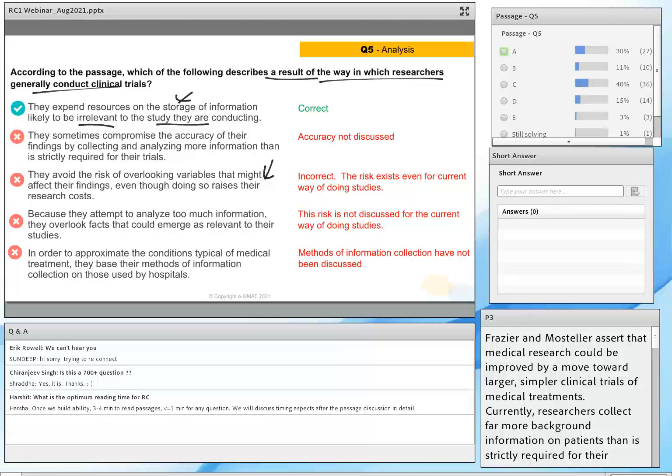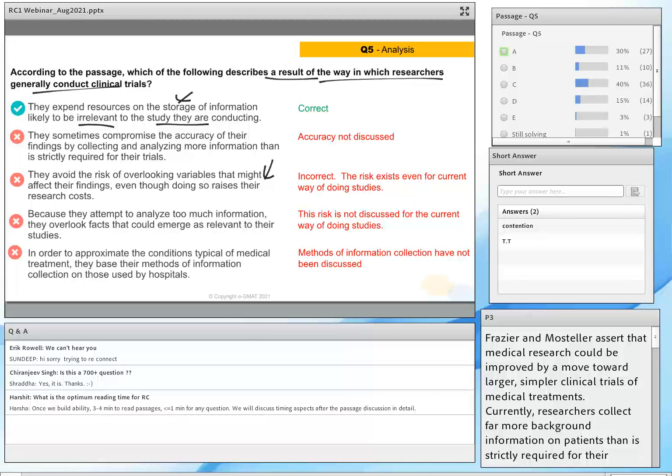If you suggest that we take FNM's suggestion, we will lose some data, maybe, that could be important, but you will not lose any data. Has this been presented as an effect of the trial? They avoid the risk of overlooking variables that might affect their findings. Is this point mentioned as the effect?